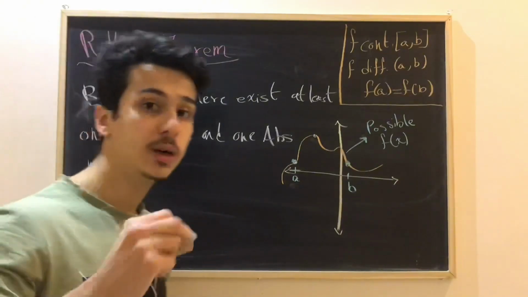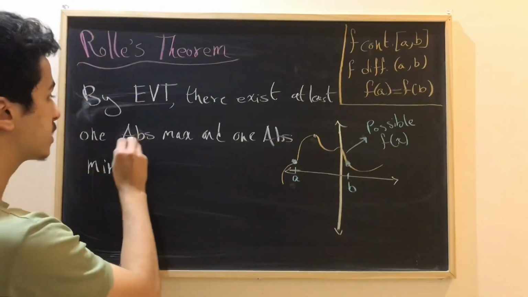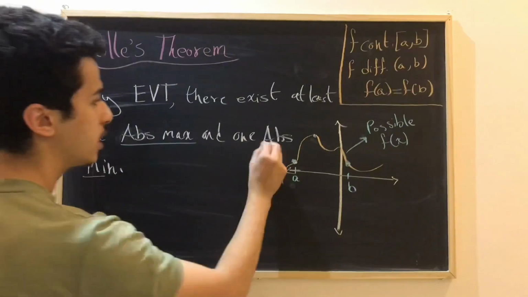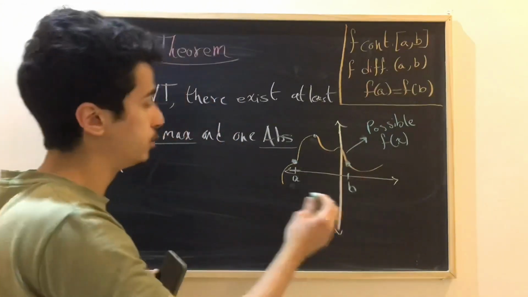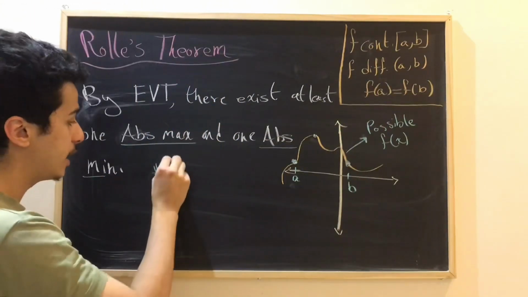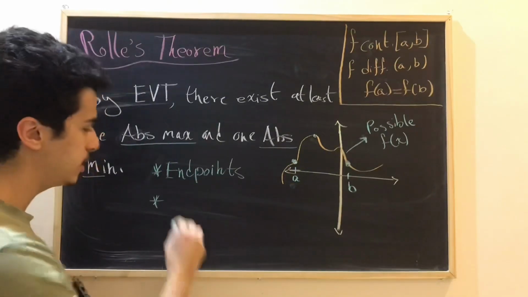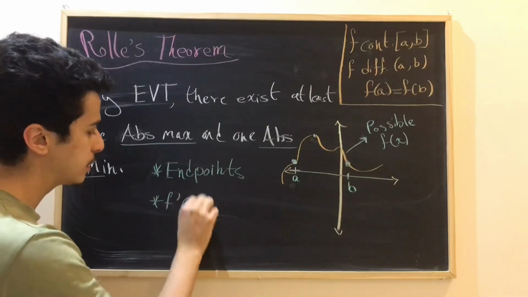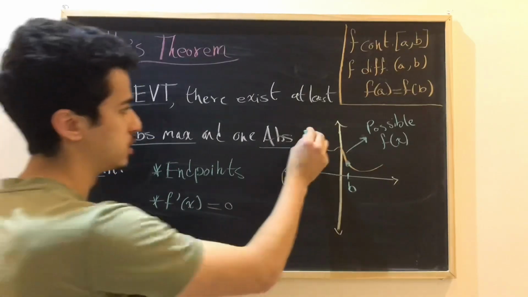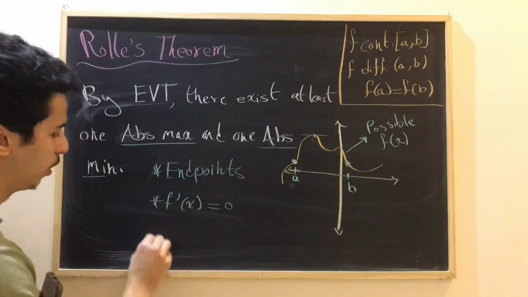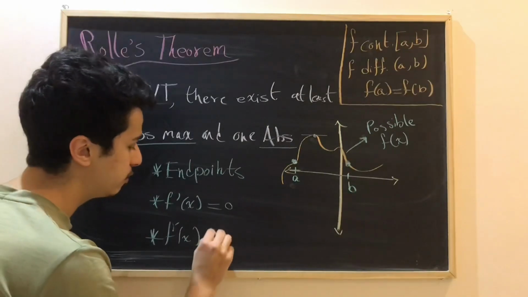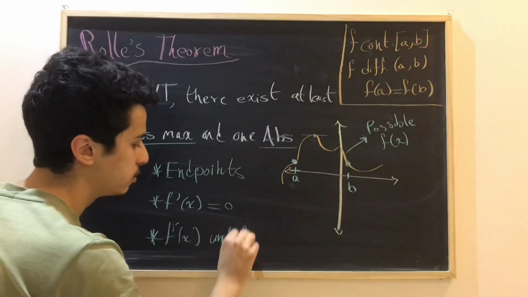Now is a good point to remind ourselves where these maximums and minimums occur. We know that on a closed interval, they either occur at the endpoints or possibly where the derivative is 0, such as this one, or when the derivative is undefined.